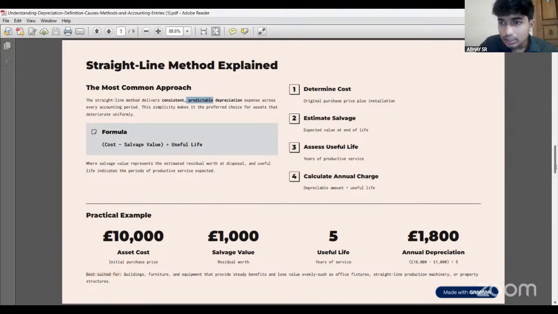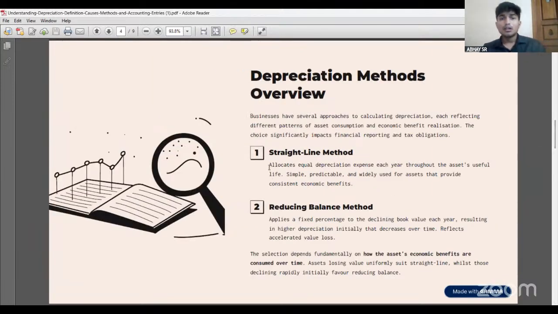So let's get back to the theory. It allocates equal depreciation expense each year throughout the useful life. So I hope straight line method is clear. Just understand that in accounting, in straight line method of finding the depreciation, it doesn't change, no matter what.